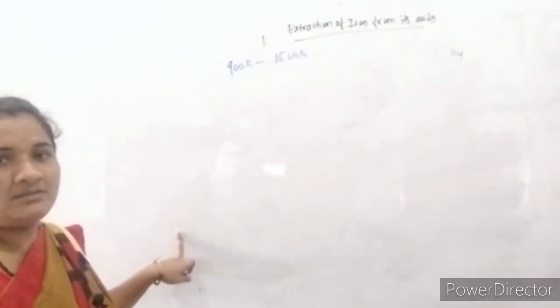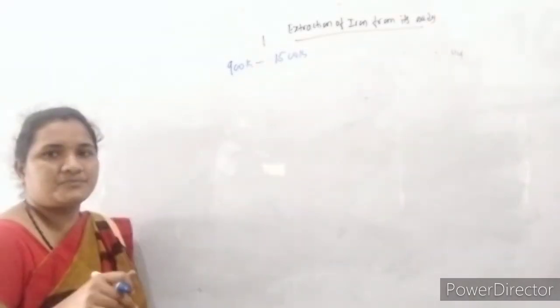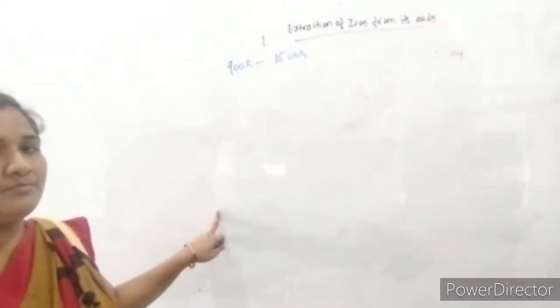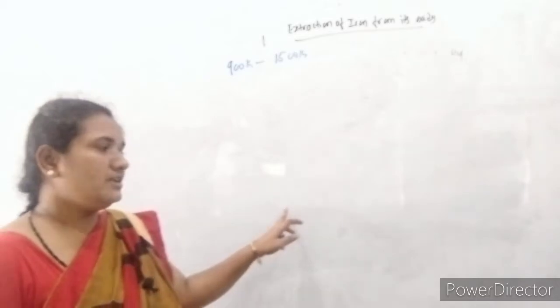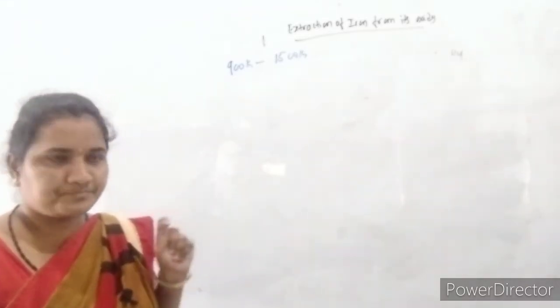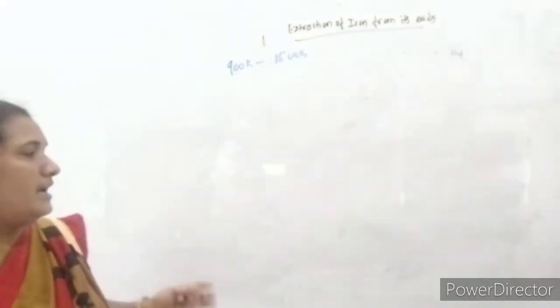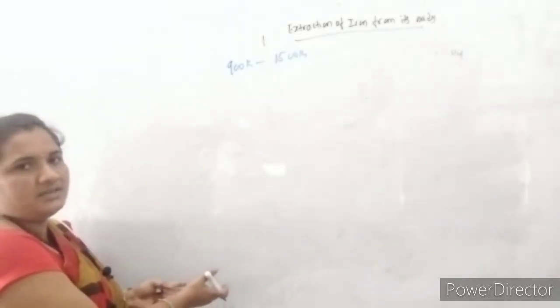At the bottom, at 2000 Kelvin, the carbon undergoes oxidation and forms carbon dioxide. This is the extraction procedure, and we get molten iron here.